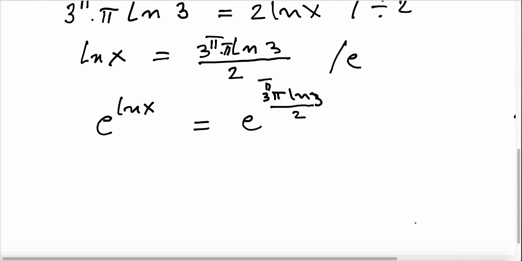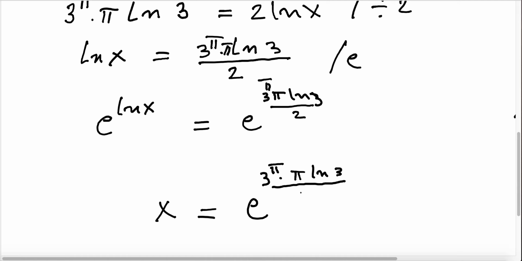And finally, x is going to be equal to e to the power of 3 to the power pi times pi ln 3, everything divided by 2. So this is the answer, but if you want to find the approximate numerical value, you can use a calculator or any other software.